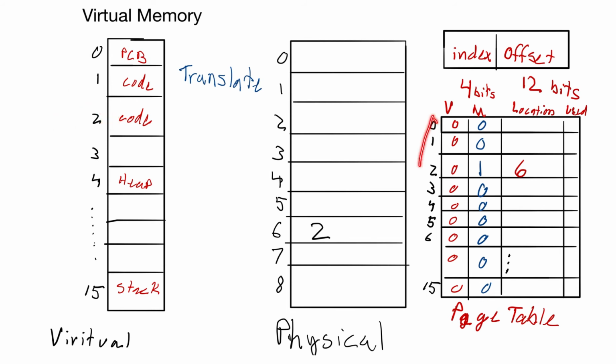So it's going to go to row 2 inside of the page table, check to make sure it's valid. So hopefully we'll say that this is valid, and then check to see if it is in memory. And if it is in memory, then it'll replace the 2 that was the index bits with 6, and then that becomes the physical address so that it can find the actual data in our physical memory.